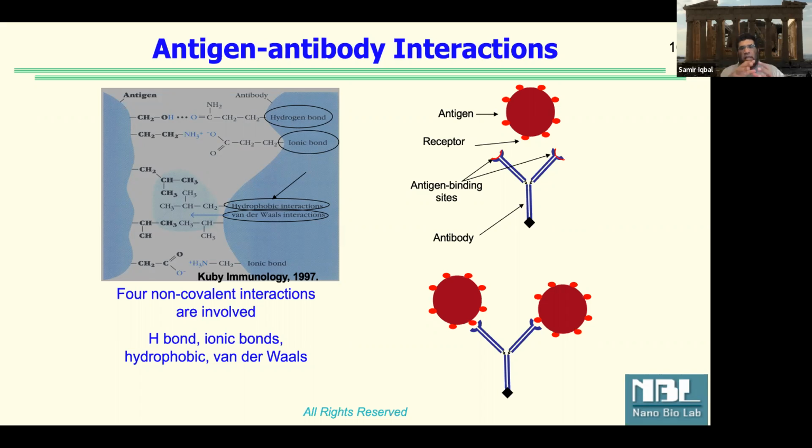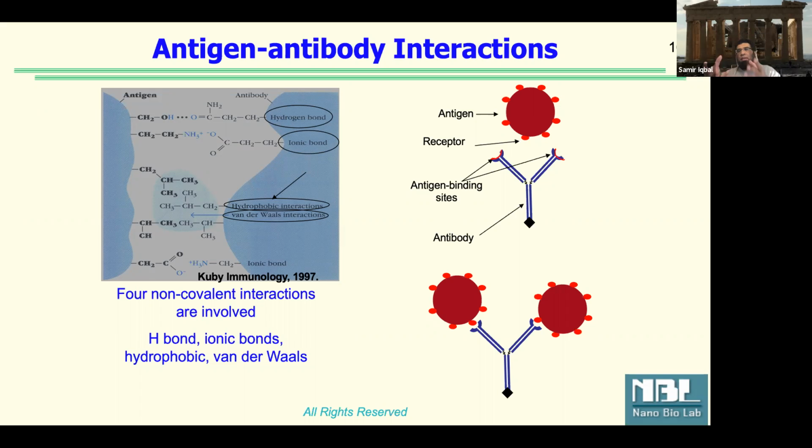When all these things come together, four types of bond, you get an overall affinity between two big molecules. So here, the receptor on the surface would bind to the antigen binding site of the protein, and that binding would be composed of these forces.